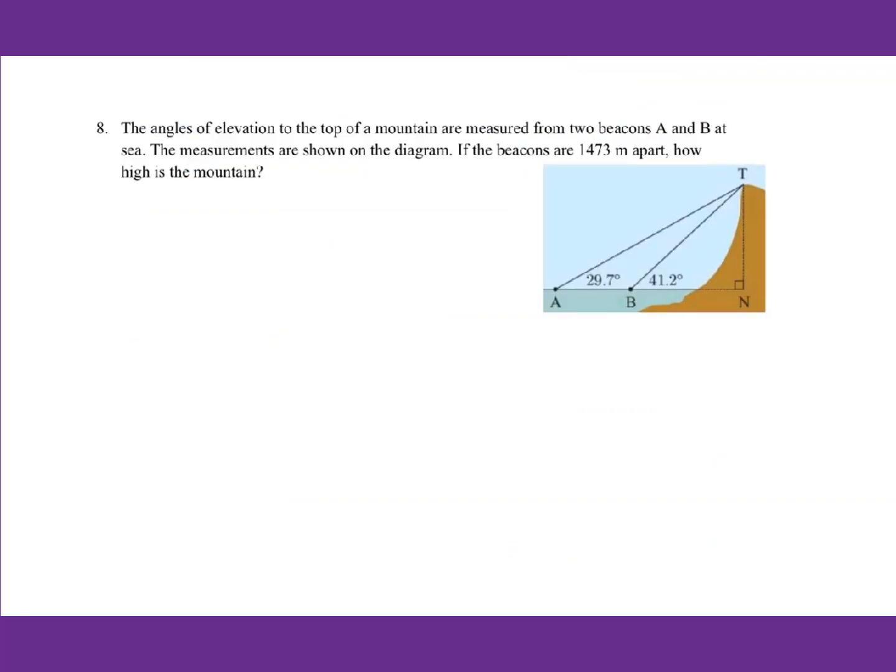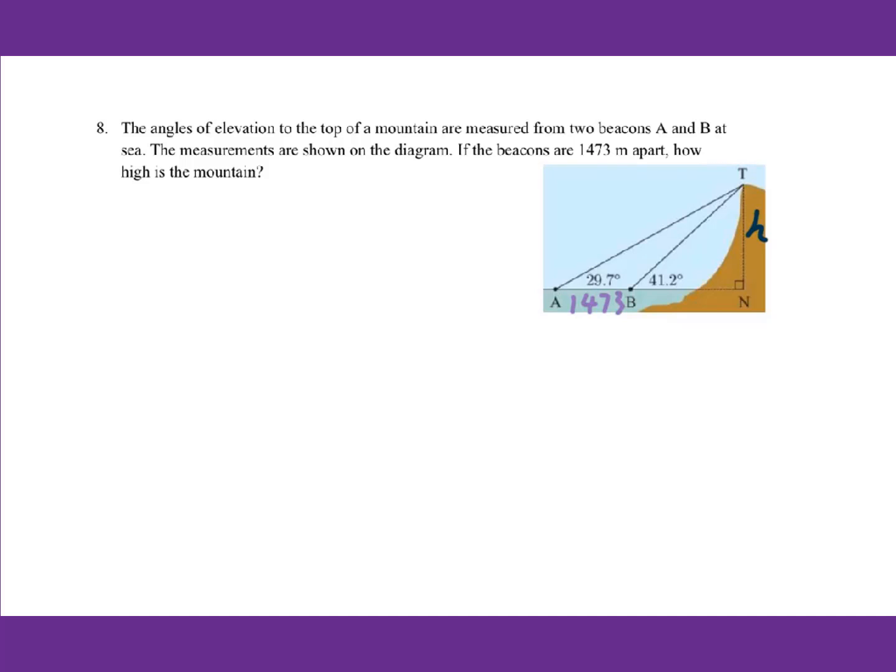For number 8, according to the information, we can get the distance between A and B, that's 1,473 meters. We're looking for the height of the mountain, that's labeled as H. From the given diagram, we could see there are more than one triangle.